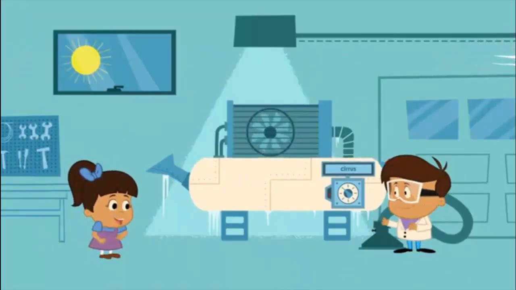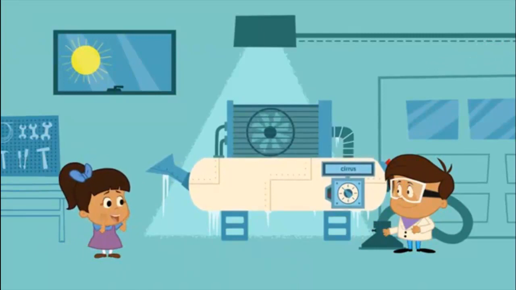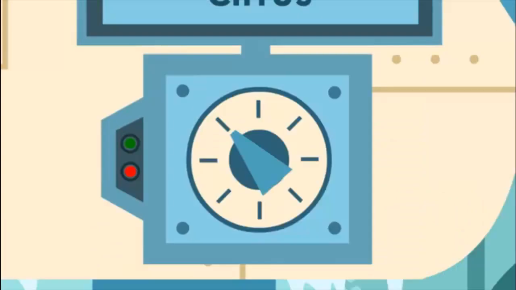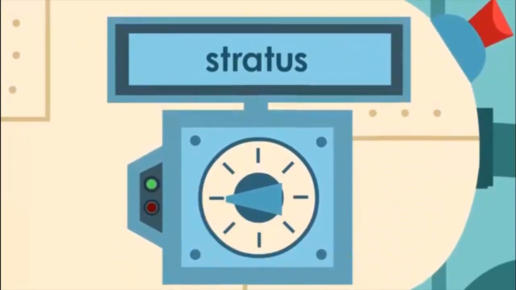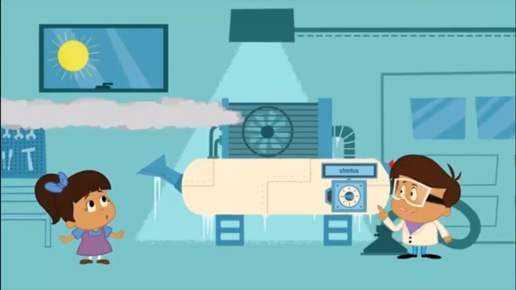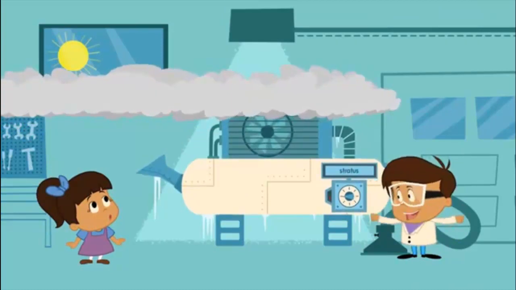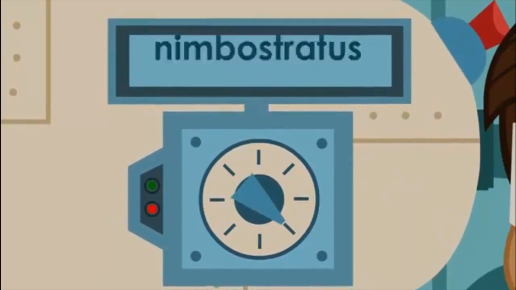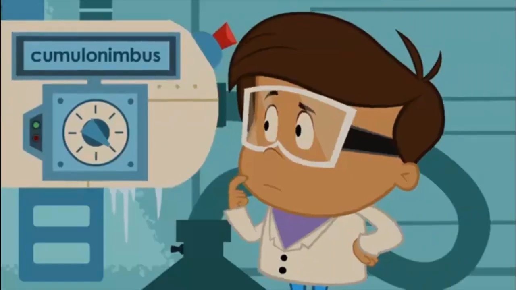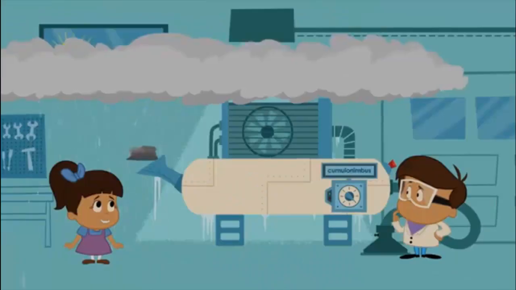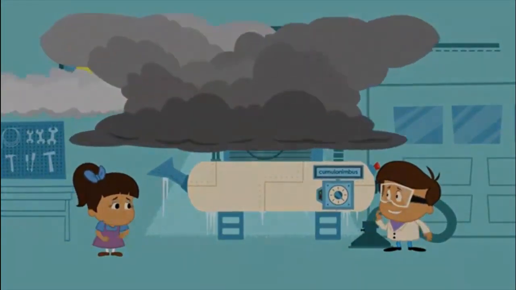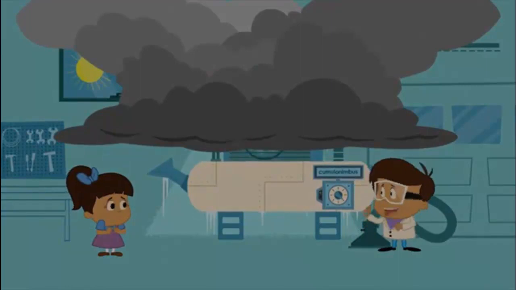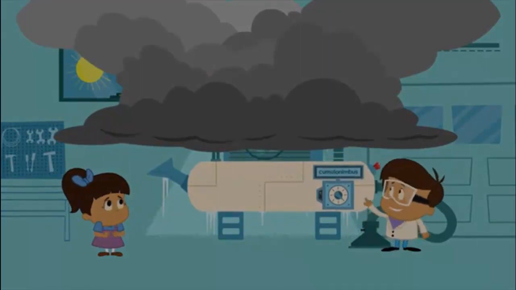Ivan, are you making clouds again? You said you'd make one for me. Sure, Izzy. Stratus means layer, and these clouds make a big layer across the sky, blocking out the sun and often bringing rain or snow. This is fun! That's not supposed to happen. Ivan, what's going on? Nothing to worry about. Just a minor machine malfunction. This is a cumulonimbus cloud.